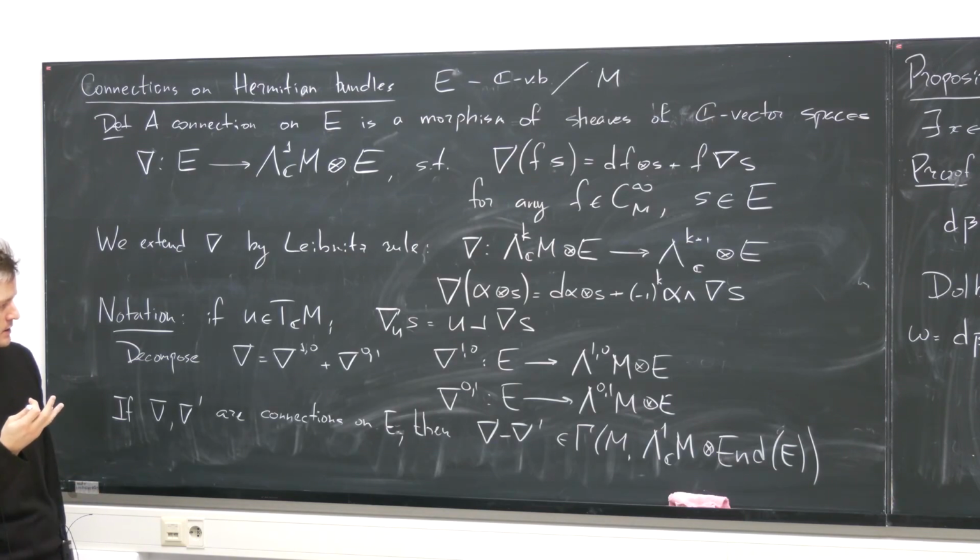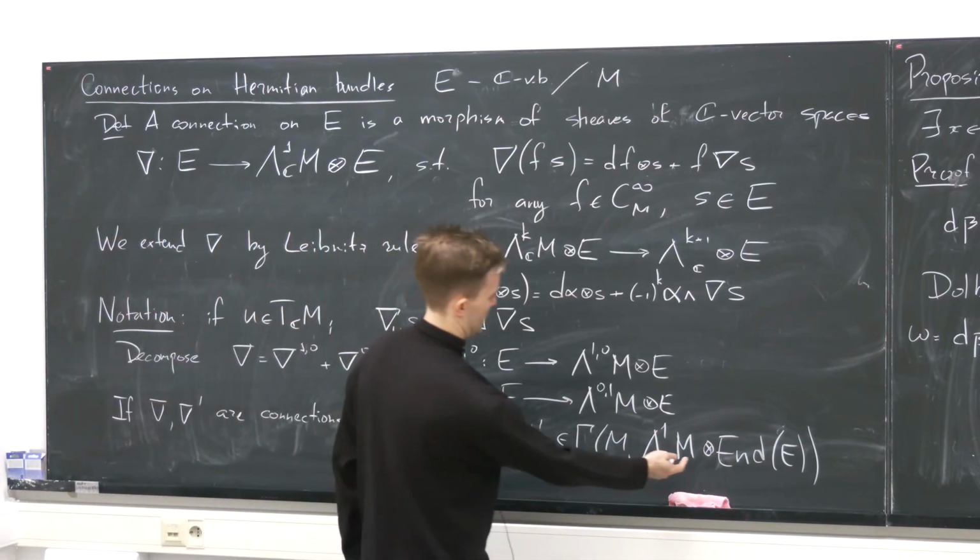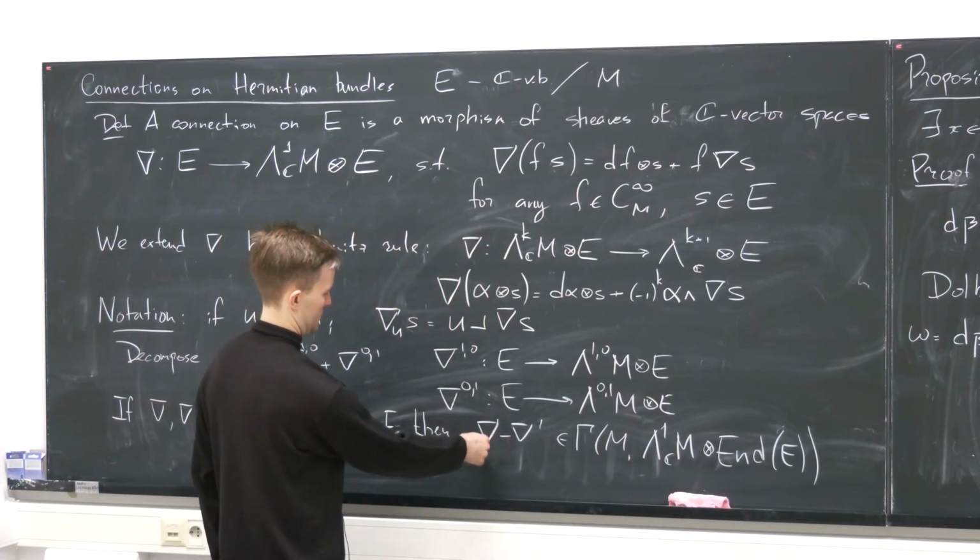Vice versa, I can take any such endomorphism valued one form and add it to my nabla and get some other connection.